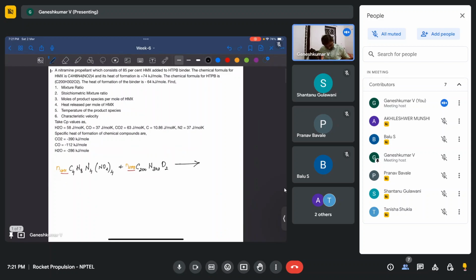What they have given, let me write it down mathematically: mass of HMX divided by mass of HMX plus mass of HTPB is 0.85. So using this we need to arrive at the moles of HMX and moles of HTPB.